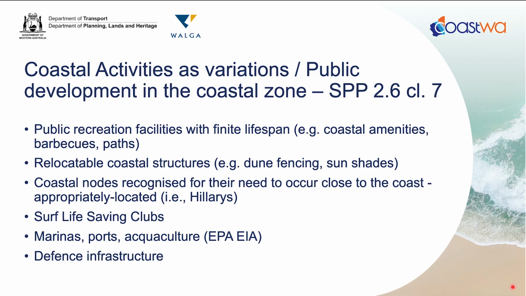For example, something like Hillary's, a boat harbour on the coast, is obviously fundamental to the boat harbour, and then the assets and public facilities within that boat harbour are there to improve and increase enjoyment of the coast. Surf lifesaving clubs are also variations, marinas, ports and aquaculture, which rely on water, and defence infrastructure, also variations that can be located in the coastal zone.